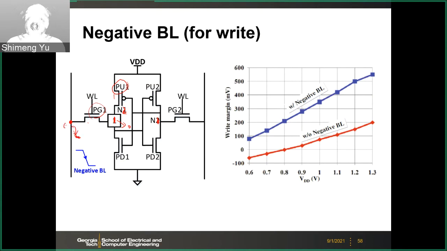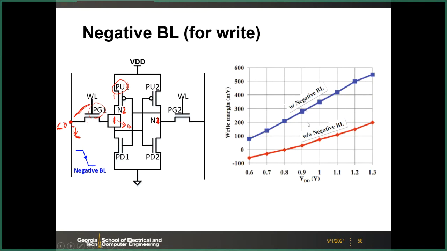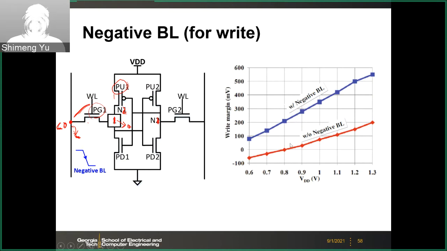Right? Then if this is negative, smaller than 0, the VGS of the PG1 is larger, so PG1 becomes stronger in terms of current capability. So it's easier to pull down the N1 node to a lower level, so you can increase the write capability. So the write margin can be boosted with the negative BL as shown here.